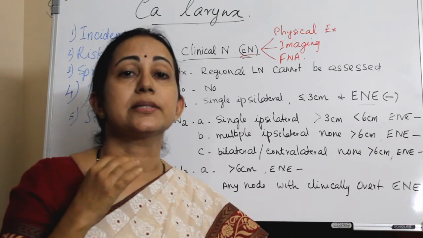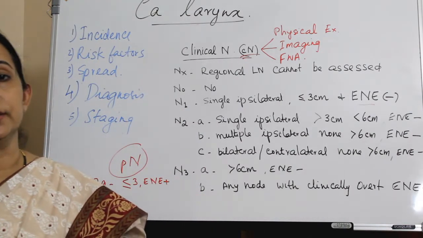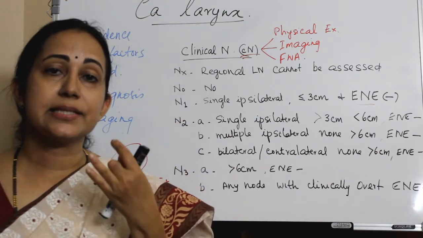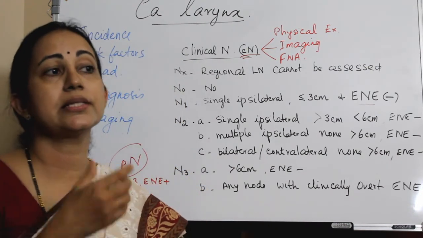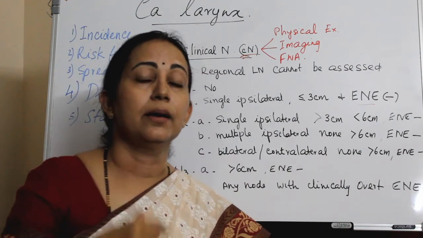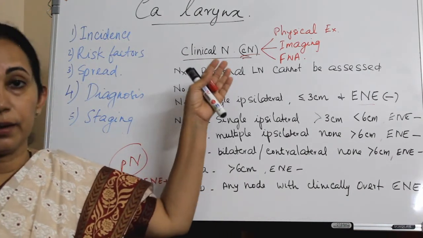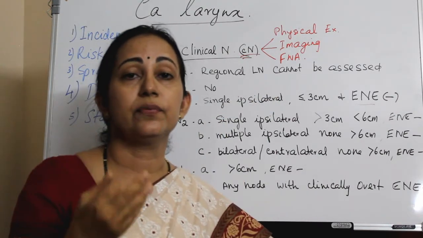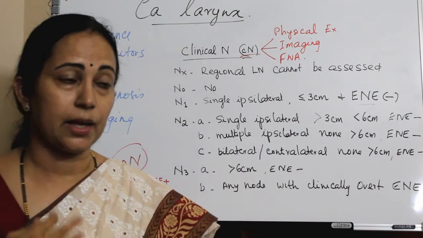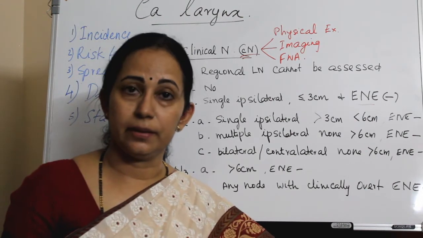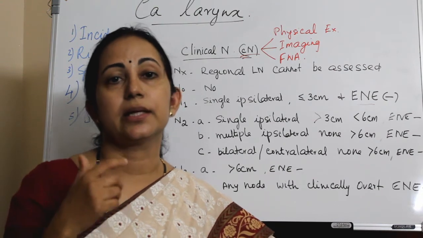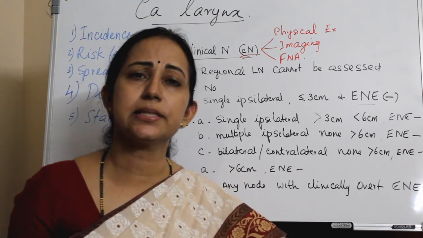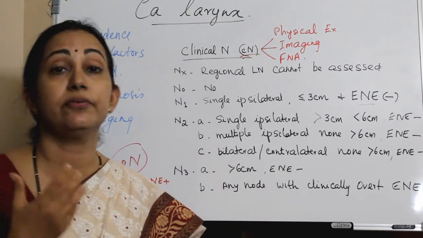One is the presence of skin infiltration, whether the skin is pinchable or not over the lymph node. Two, adjacent muscular infiltration, that we can see clinically, examining by the mobility, and it should also be supported by radiological findings. The third is infiltration into adjacent structures, and fourth is neural invasion, that is to the cranial nerve or the sympathetic trunk or the brachial plexus or the phrenic nerve.